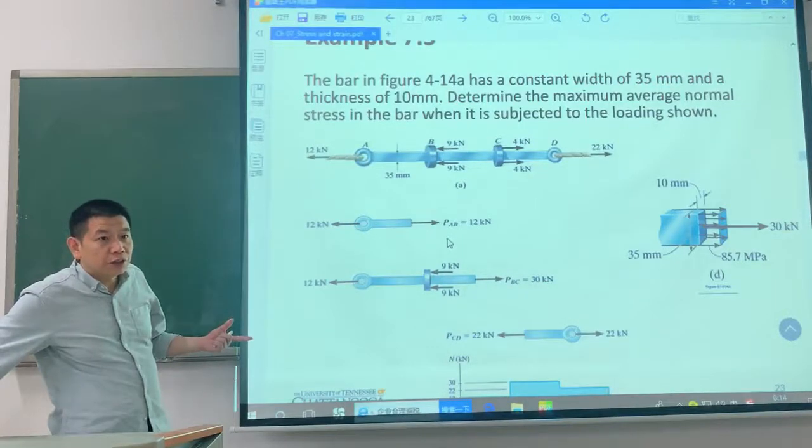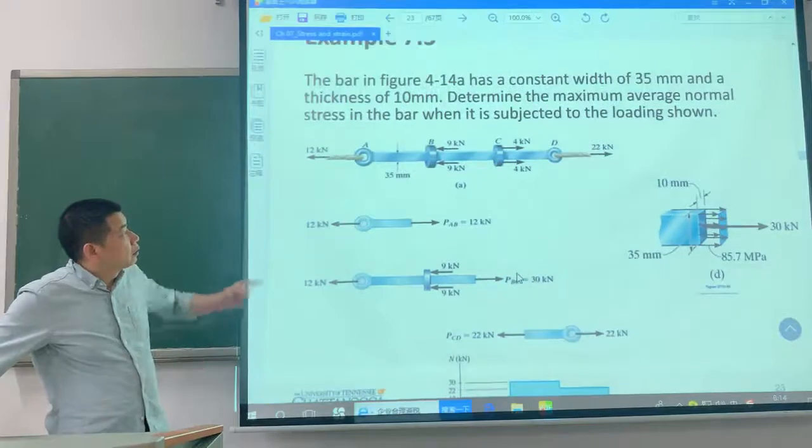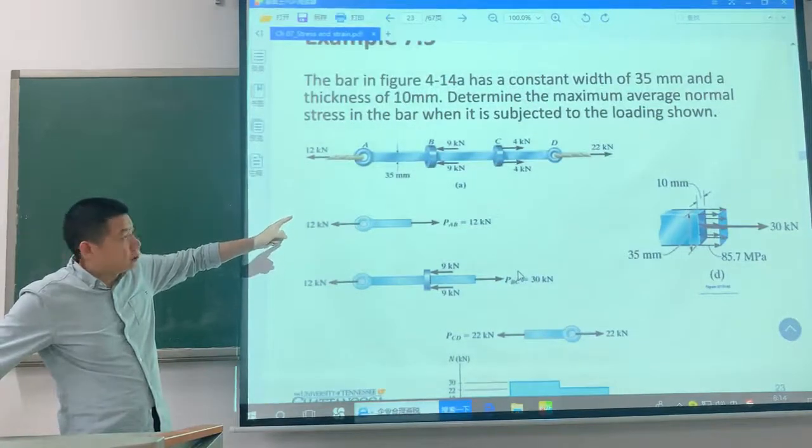We didn't finish it. We just found the internal force. Now, how to find the stress in the rod.